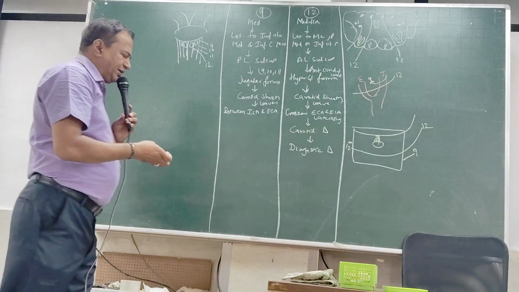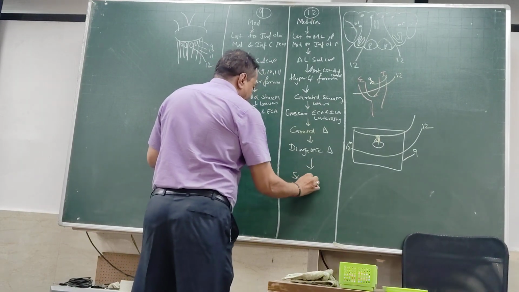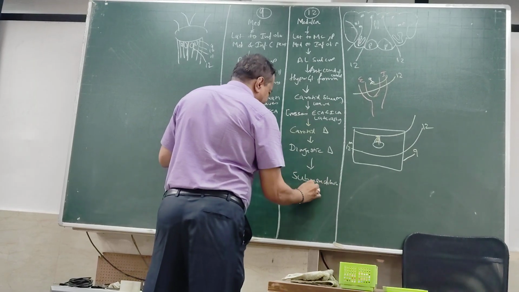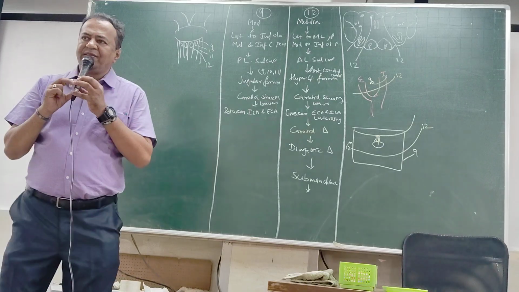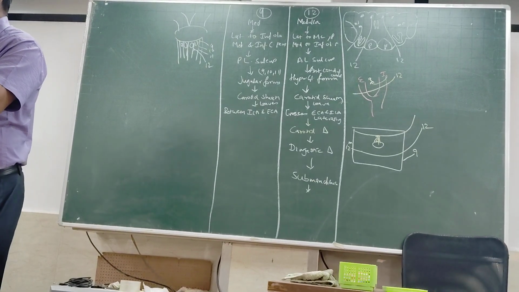So from the digastric triangle it goes deep into the submandibular region. What is deep to the digastric triangle? Submandibular region.